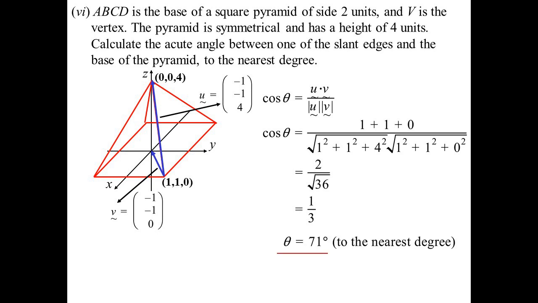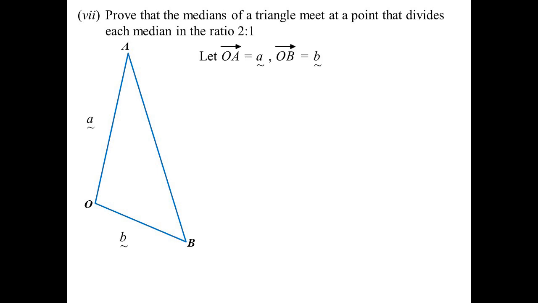Now, another geometry problem. We're going to prove that the medians of a triangle meet at a point, and that point divides each median in the ratio 2 to 1. So here's a triangle. I've made one of the vertices the origin, just to make life a little bit easier. So I'm going to define two vectors here.